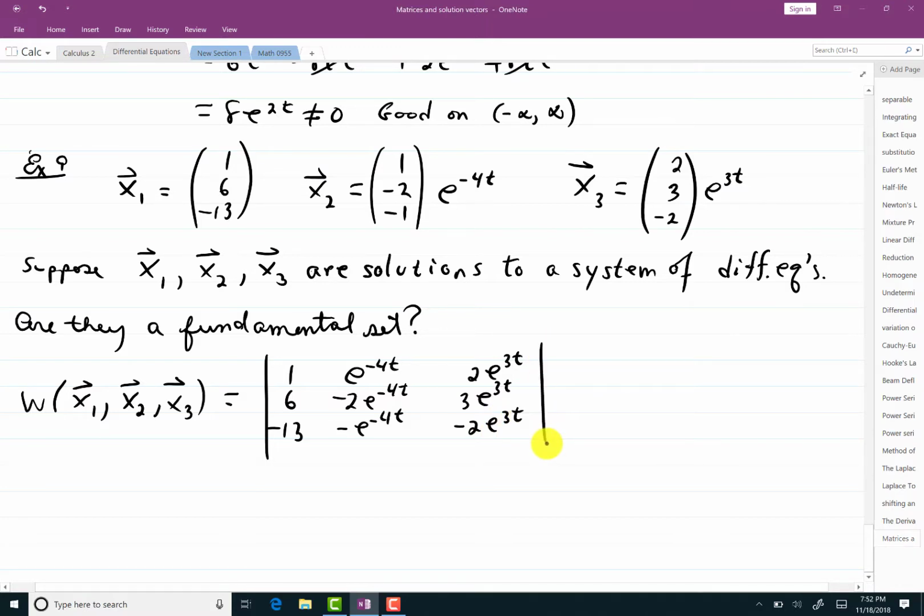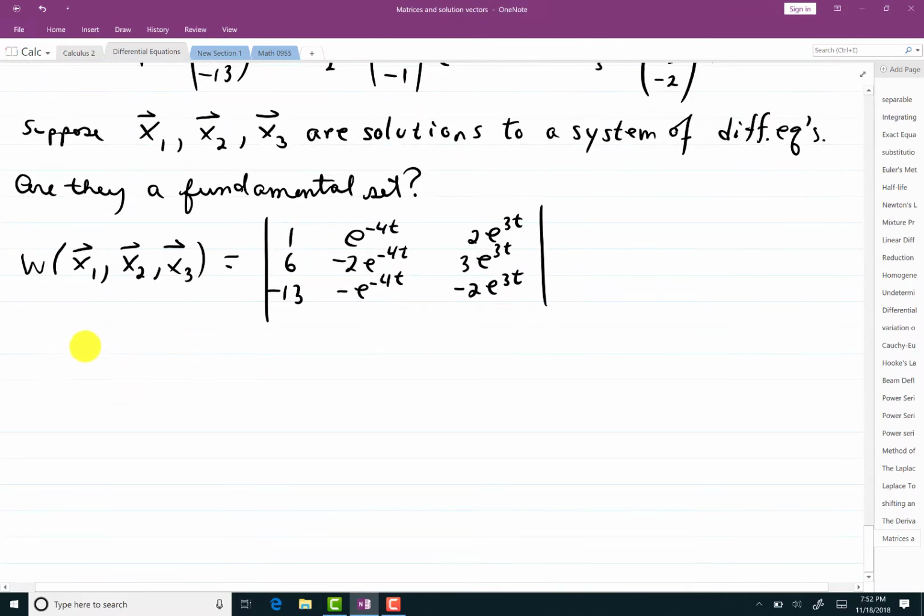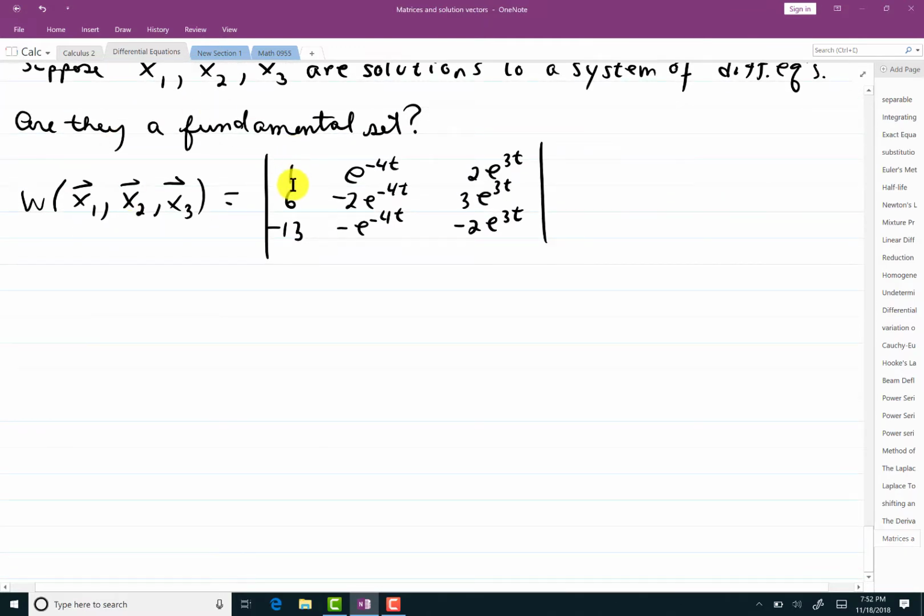Then the way you do the determinant of larger matrices is by choosing a column or a row to expand across, they call it. So let me just show you. If I pick the first column, here's how it works. I take this number 1 and put a line across and then a line going this way.